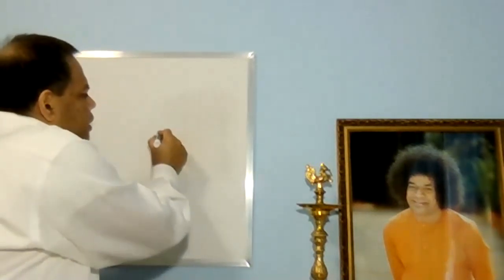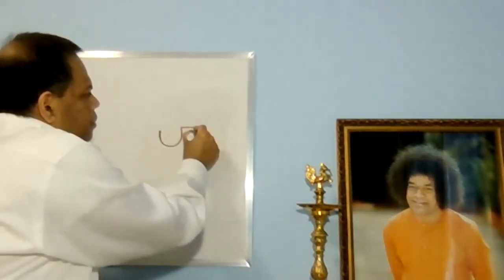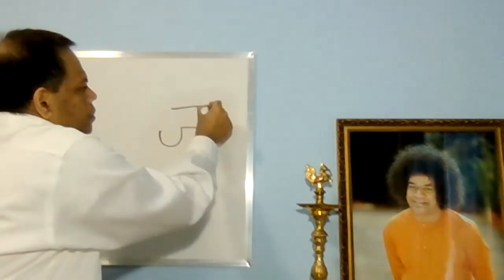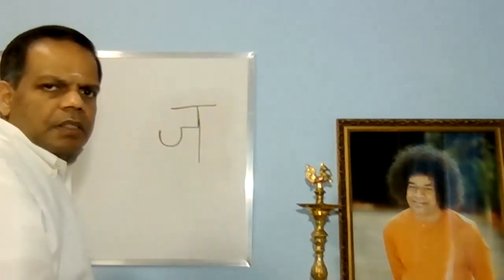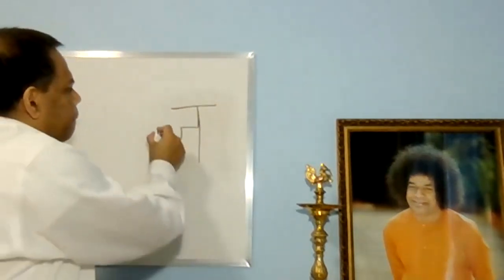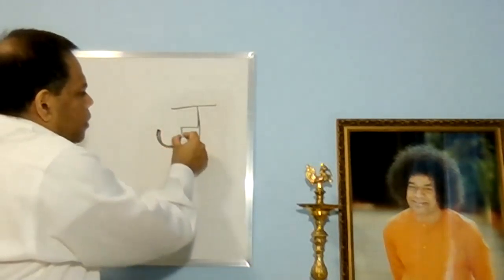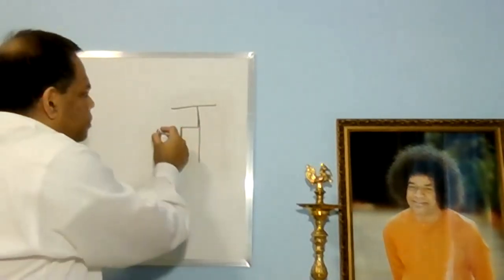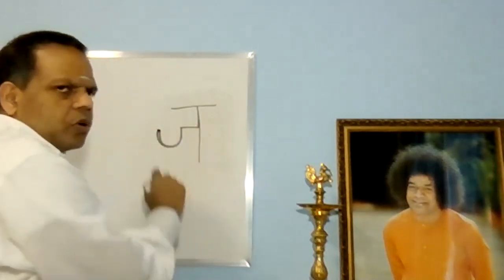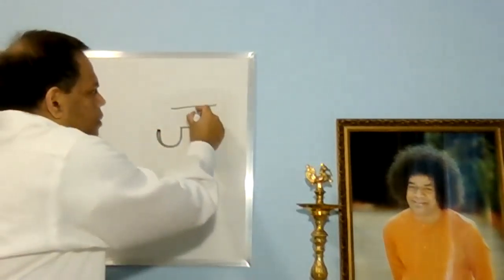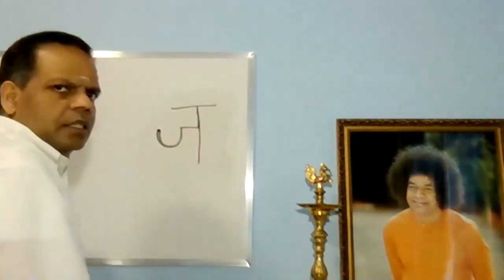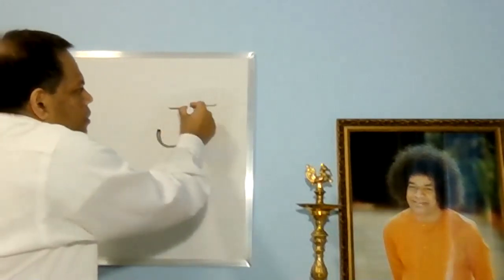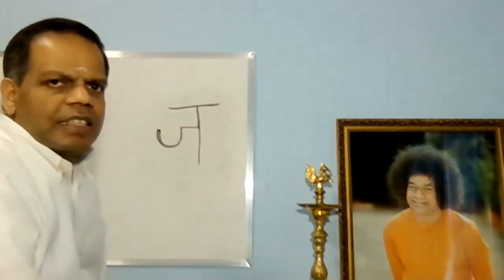The third one in the cha varga is the sound ja, and that's written like this. A half circle at the bottom, and you draw a straight line. You draw a line this way. That is the letter ja.